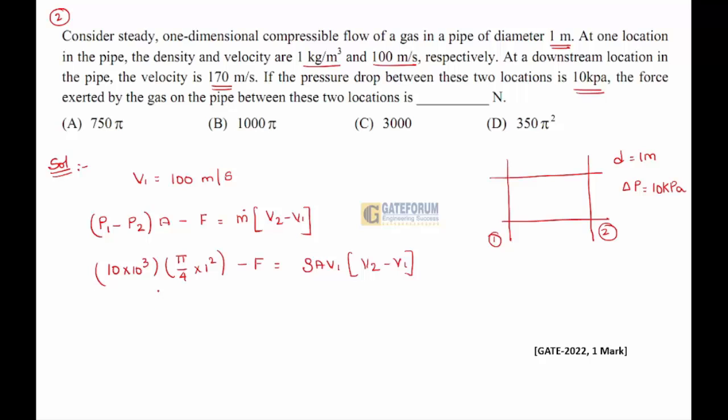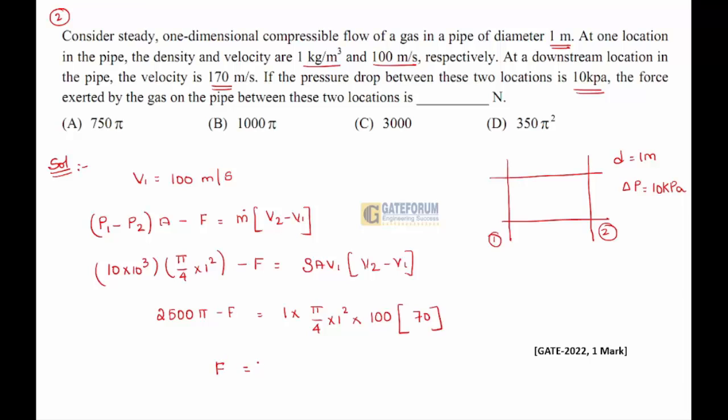When you simplify this equation, you will get 2500 pi minus F is equal to 1 into pi by 4 d square into 100, and outlet minus inlet, V2 minus V1, you will be getting around 70, right? 170 minus 100, which is 70. From here find out F.